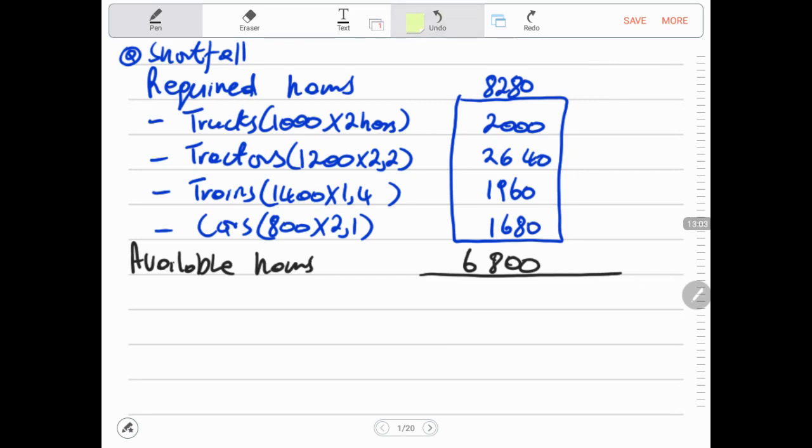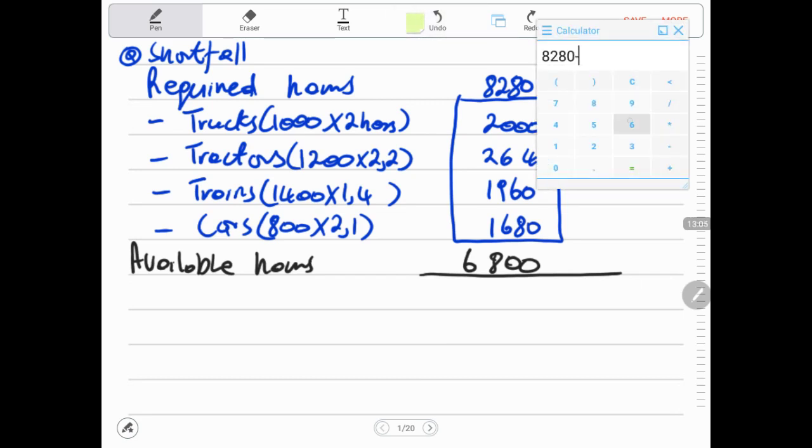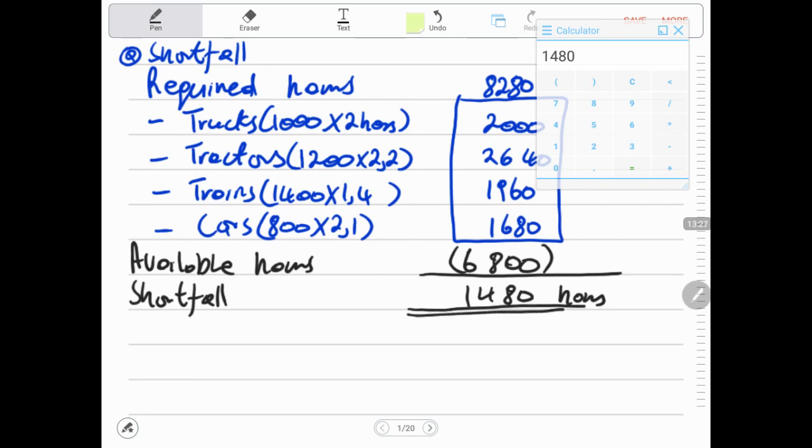So the difference between the two becomes what you call a shortfall or a limiting factor. So if you want, you can say the minus. Therefore, now we have 1,480 hours of a shortfall. So this is what you call the shortfall, and this is exactly what we were required to calculate. It is 1,480 machine hours. That is the shortfall.